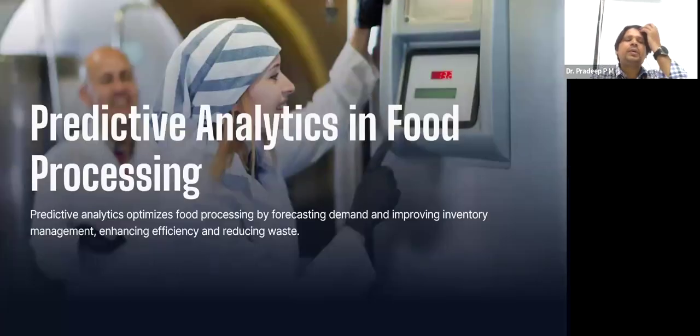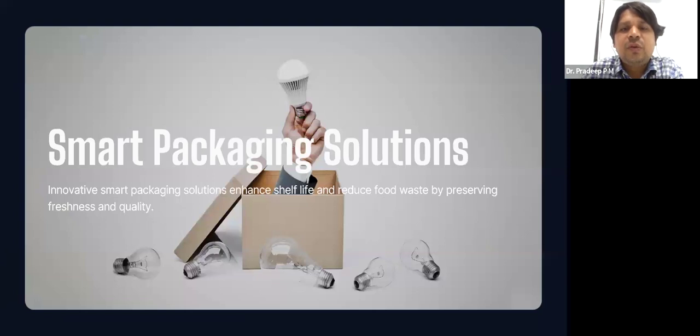So there are various predictive analyses where we can improve the efficiency of the system and reduce waste, and judiciously involve the management. So we have a smart packaging technology, which is very essential because until and unless the product is inert within the packet, the shelf life of the grain is saved. Once the packaging material is not up to the mark, though you have done the processing neatly, the product shelf life will be lost.